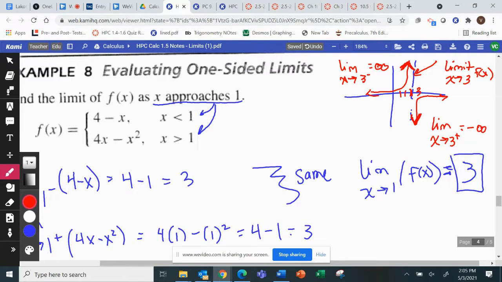Are those the same answer? No. So what would be the limit as x approaches 3? Does not exist. Okay, we use those infinities to graph it, but the actual limit right at 3 does not exist. That's what's new now, is we didn't talk about the limit at 3. We only talked about what the graph was doing on either side. So that's new.